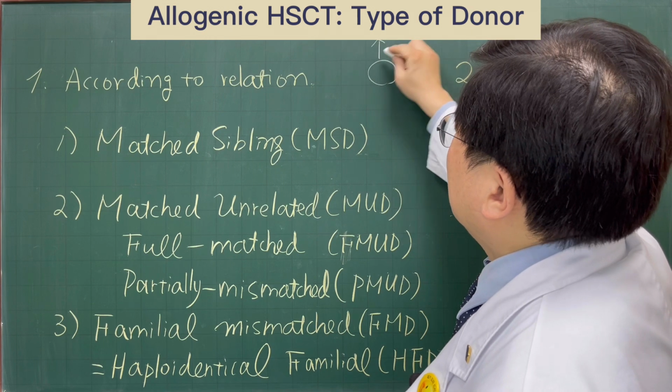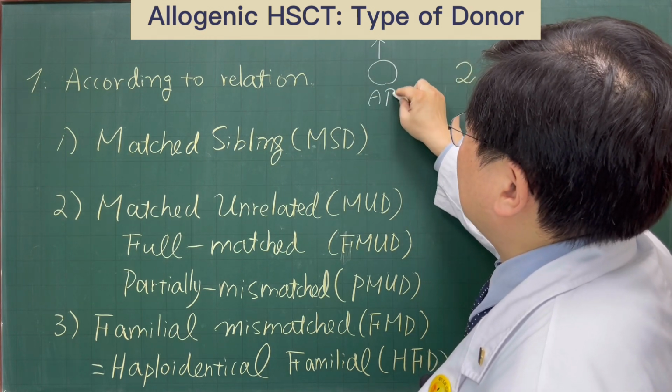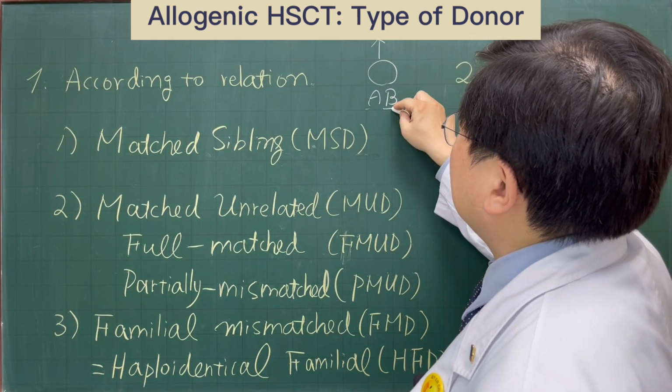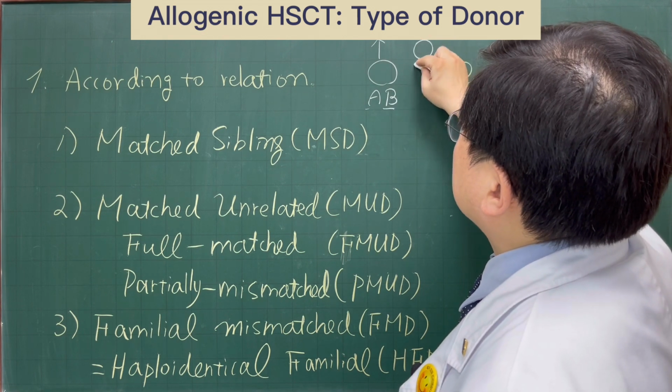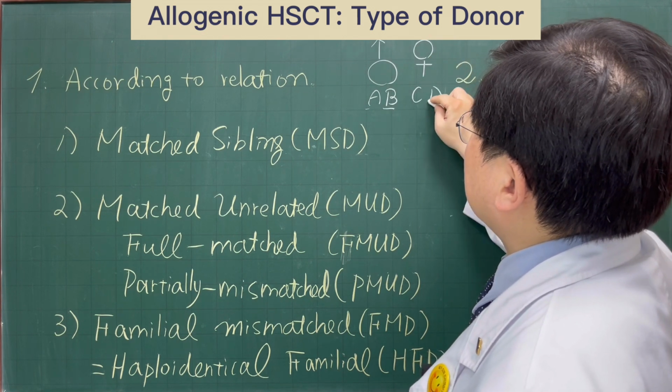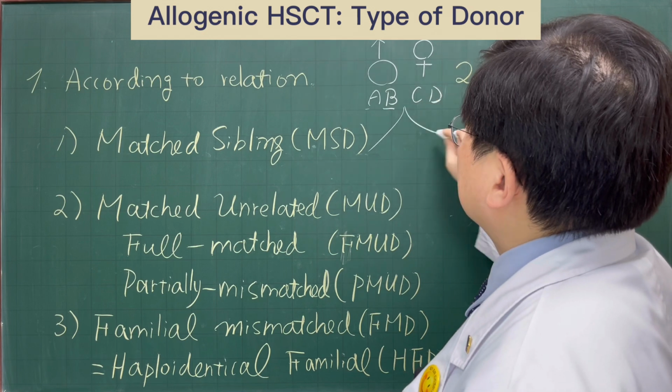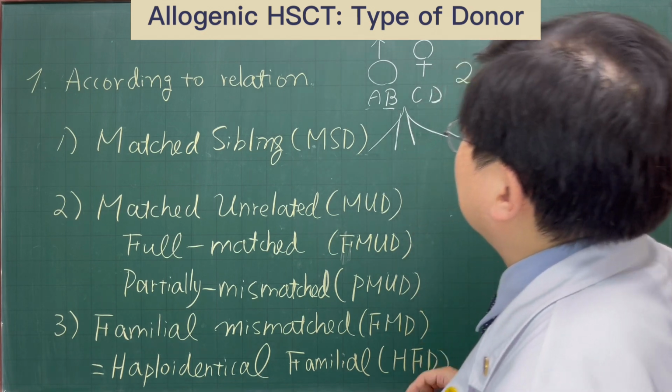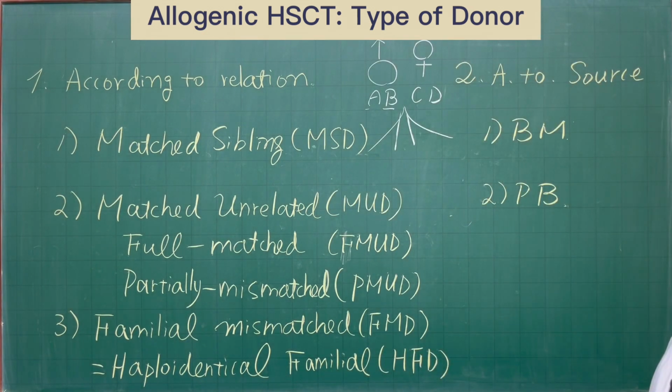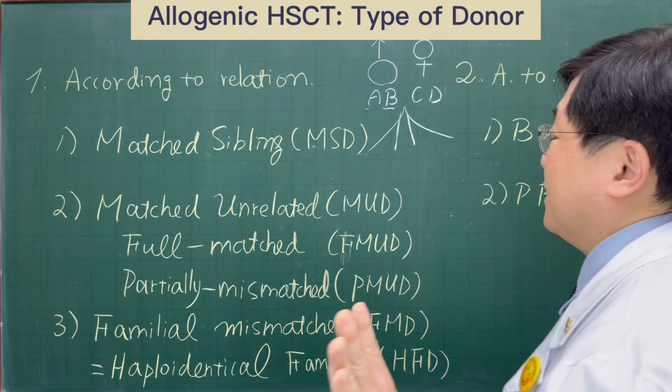So if the father has an AB HLA typing and the mother has a CD typing, the children will have four kinds of combination of HLA typing.